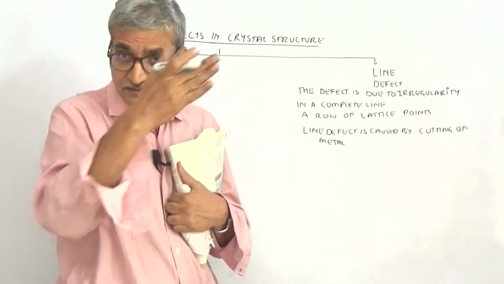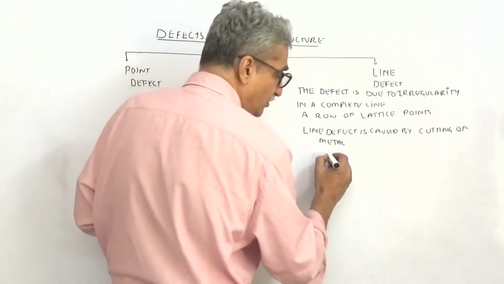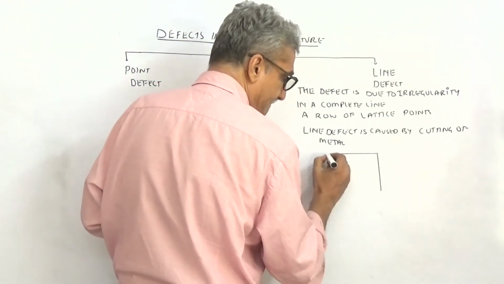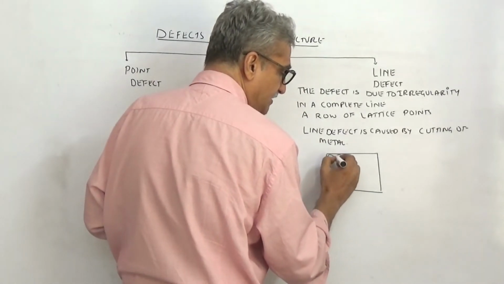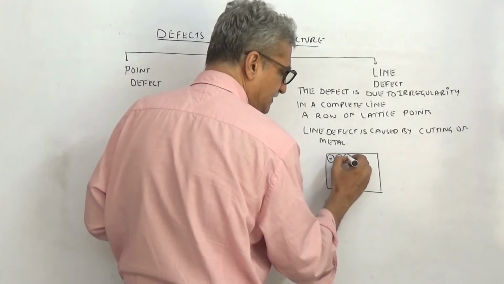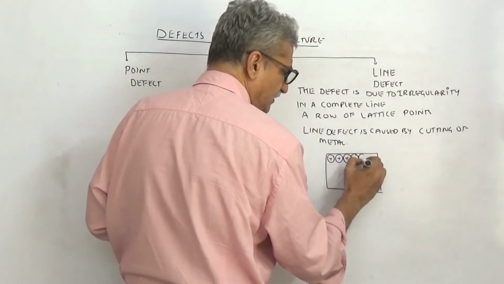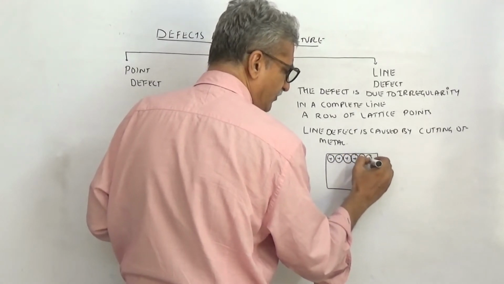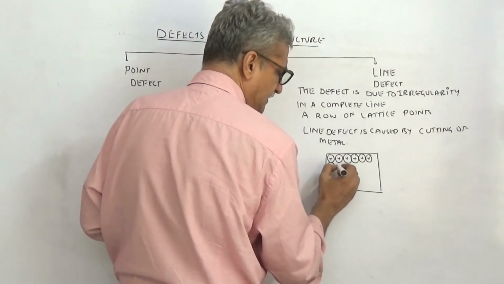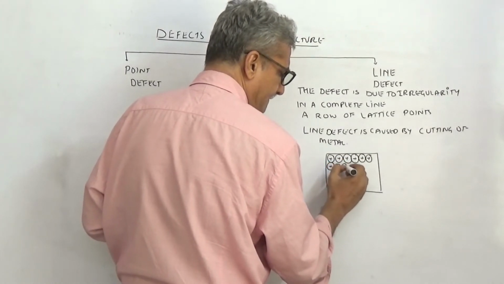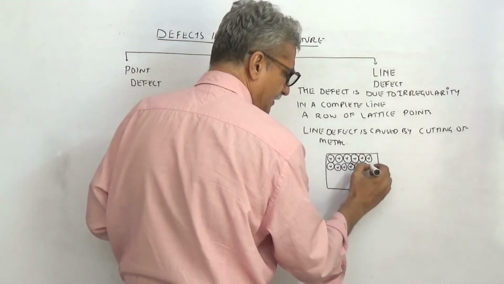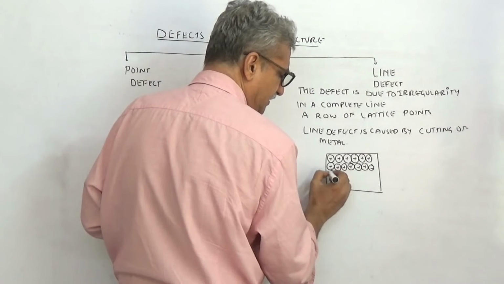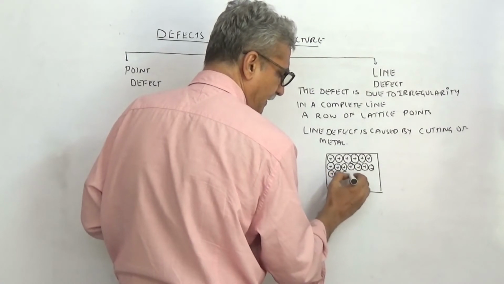So when you cut, what happens is, see, this was your original metal. So in a metal, what did I tell you? Lattice points are occupied by metal ions, surrounded by electrons.